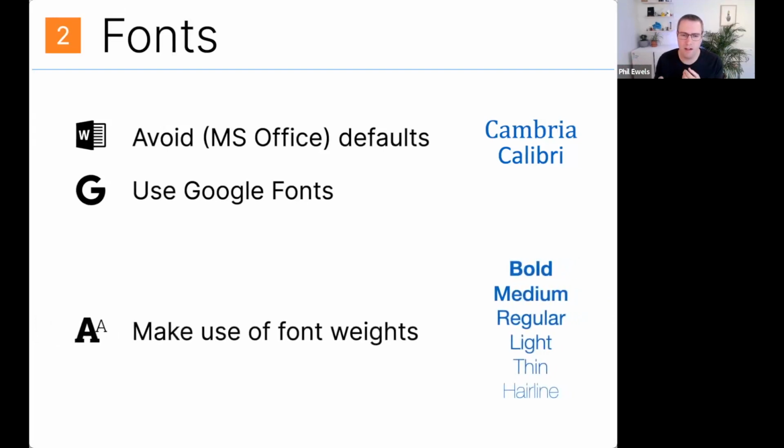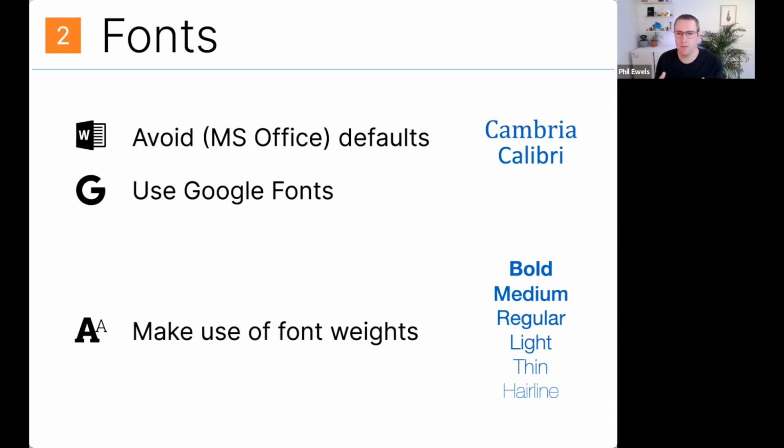Next, remember about the concept of font weights. So what I mean by font weights is making something bold or regular, but it's more than just those two. A good font will have 3 to 6 to even 9 different font weights, which you can choose from, all the way from bold or heavy down to very thin or hairline.